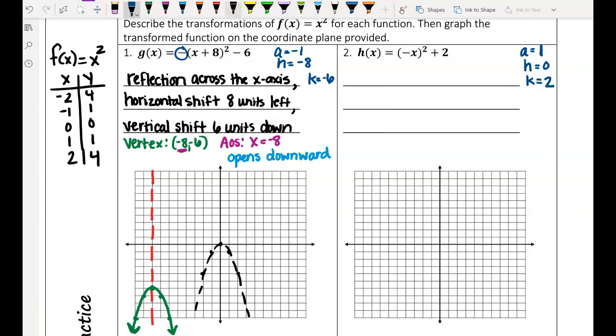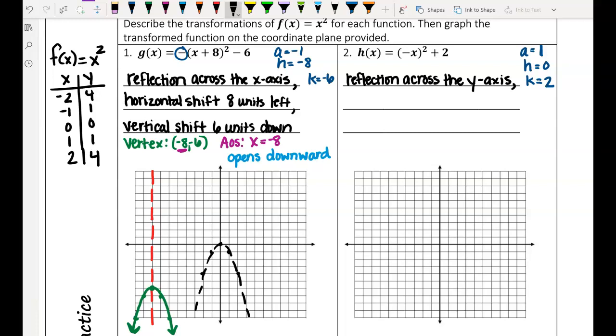Now, the negative x in parentheses, that is a reflection across the y-axis. But a reflection across the y-axis doesn't change anything because it lands on top of the original.